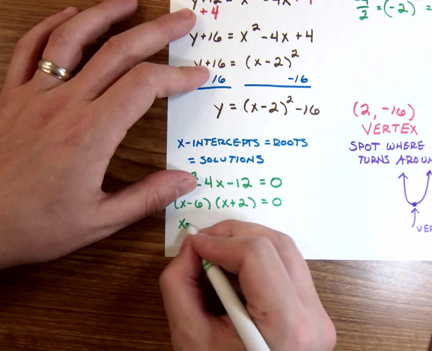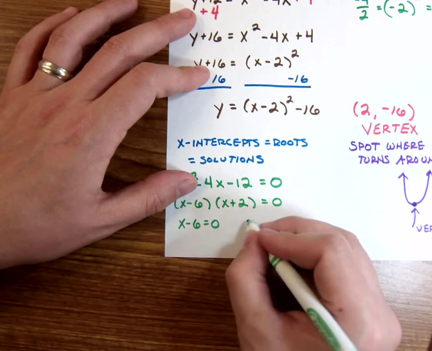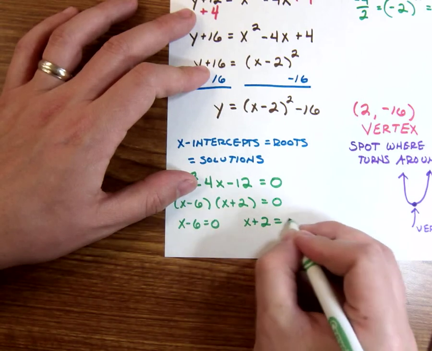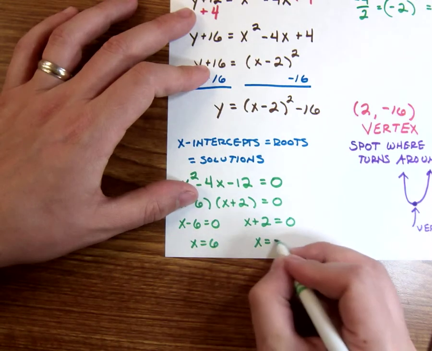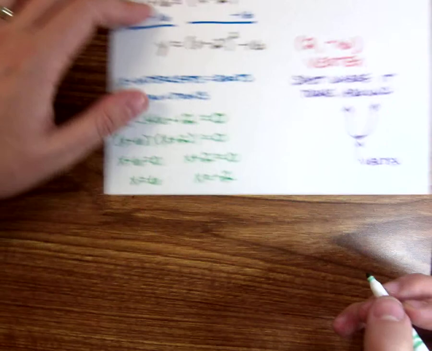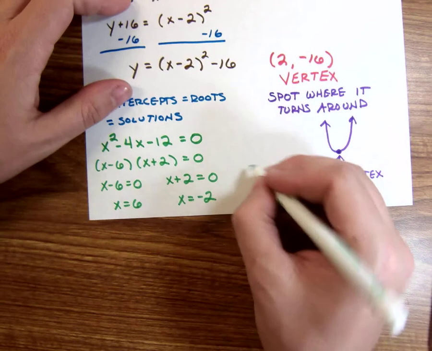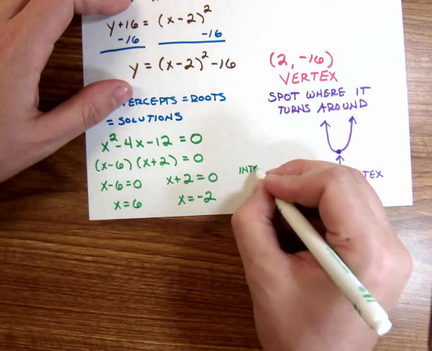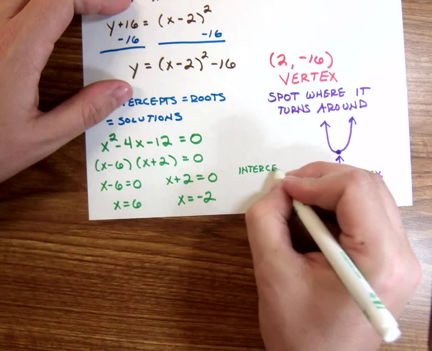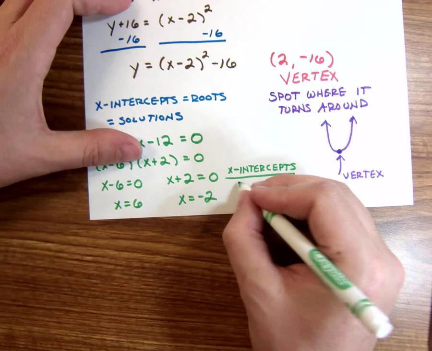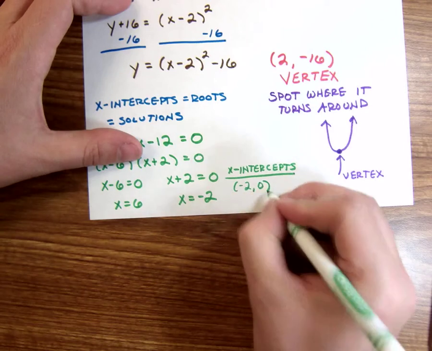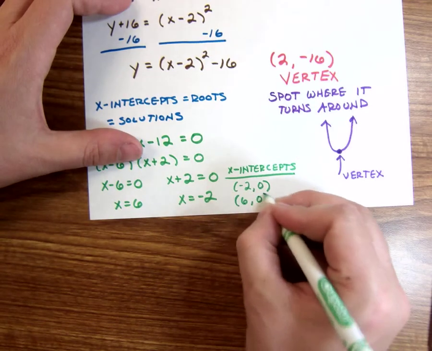And man, this is throwback. We did this right at the beginning of the class. So one of my solutions is 6, and one of my solutions is negative 2. So my x-intercepts, I should say, are negative 2, 0, and 6, 0.